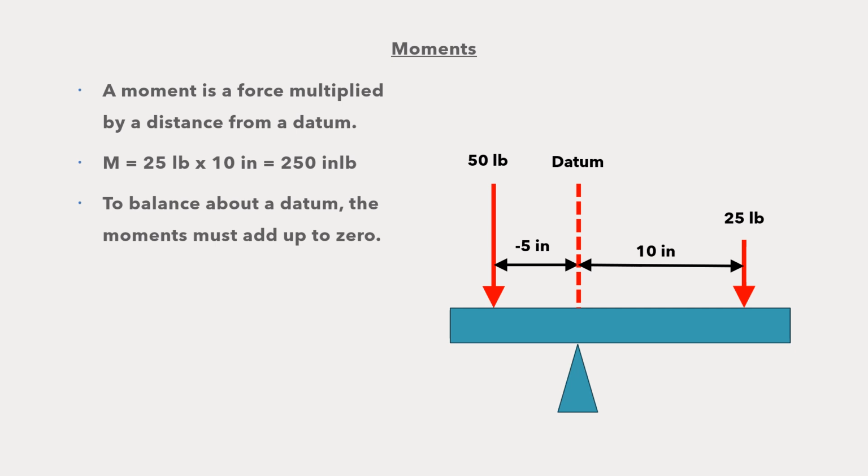So this force is creating a moment of positive 250 inch-pounds. This other force of 50 pounds that's at a negative 5-inch distance is creating a negative 250 inch-pounds. Those add up to 0, so this would be balanced about this datum point.